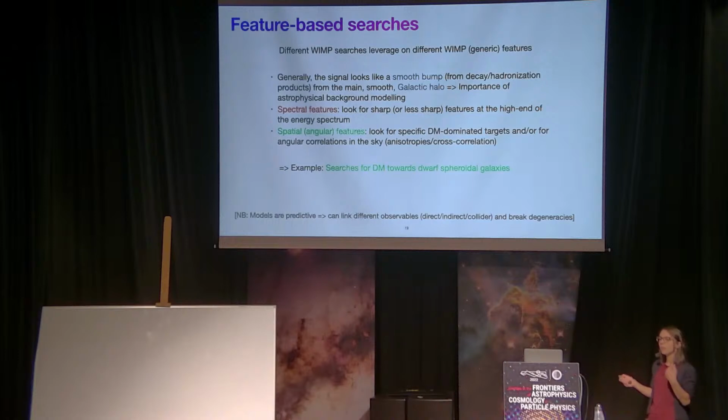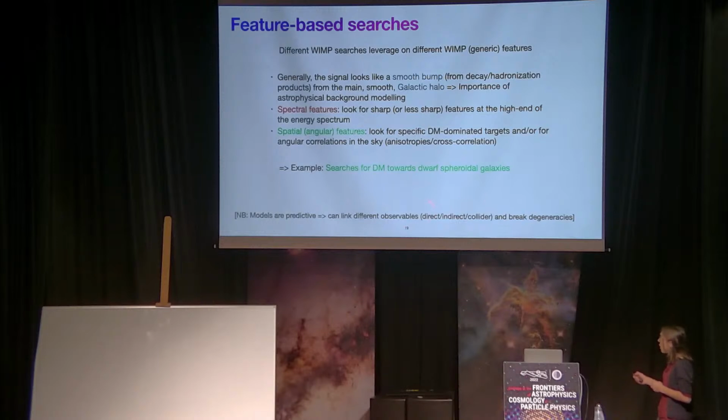So, for example, if you have dark matter subhalos, you do expect the sky to cluster at small scales differently than if you have a population of isotropic sources. So you can use cross-correlation or angular signatures, like looking for anisotropies, to try to look for this kind of signal.